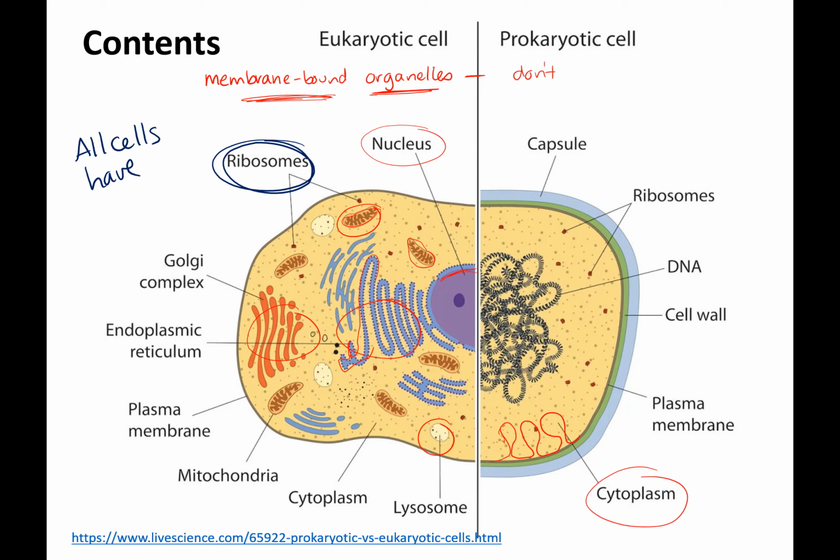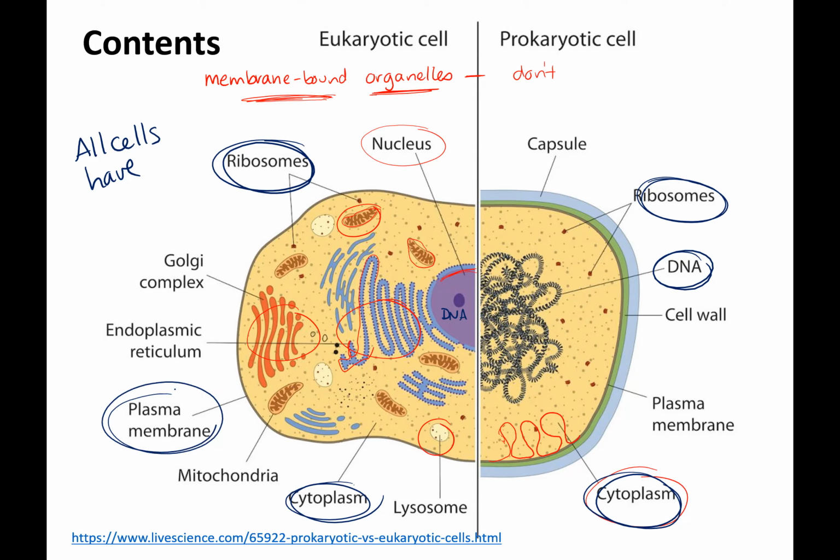All cells have cytoplasm, the fluid that allows things to move around in the cell. All cells have DNA. And we'll talk in a minute about how the DNA in eukaryotic cells is different than DNA in prokaryotic cells. And all cells have a plasma membrane. So there are many similarities and differences between prokaryotic and eukaryotic cells.